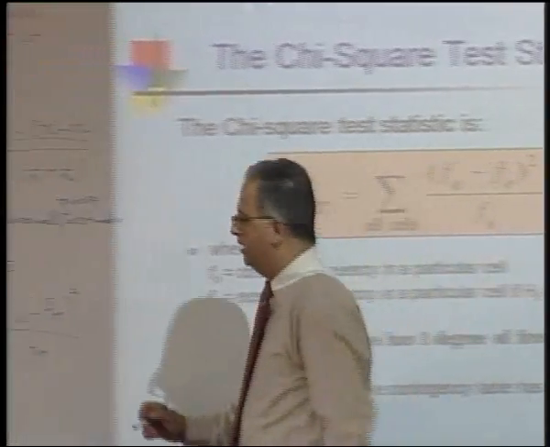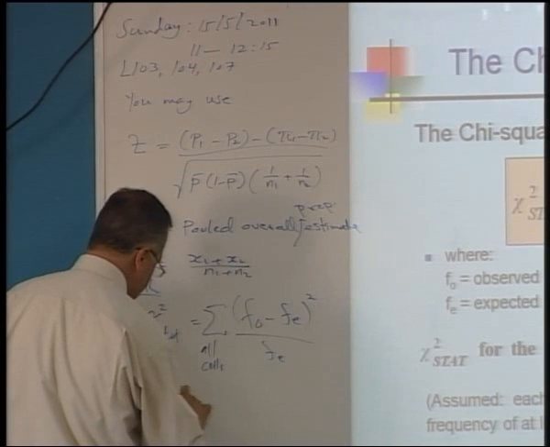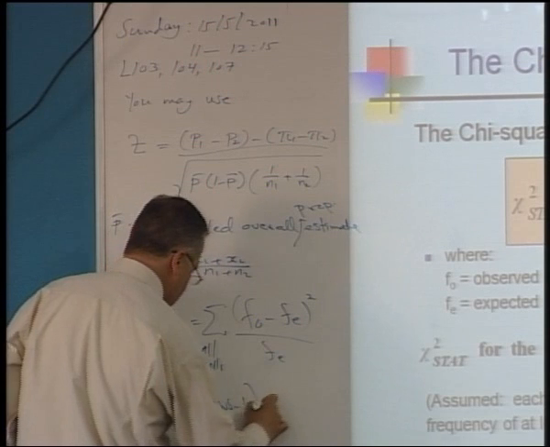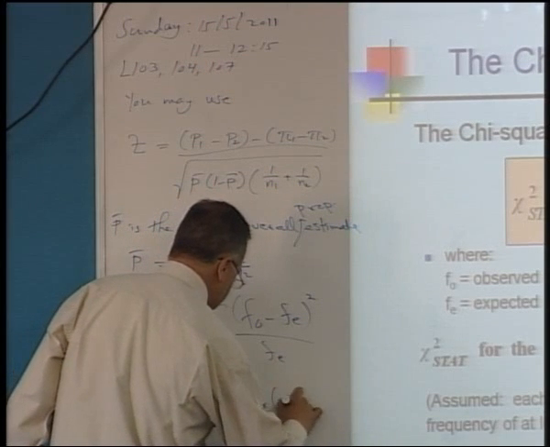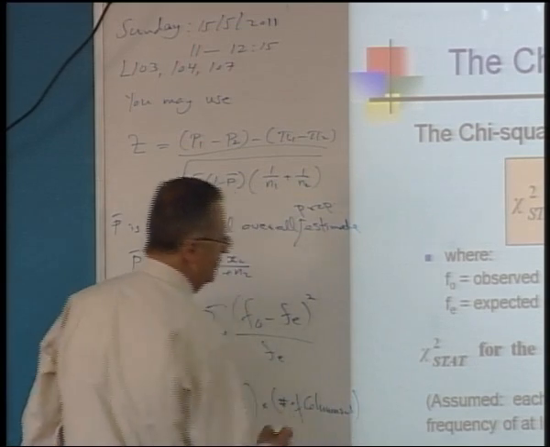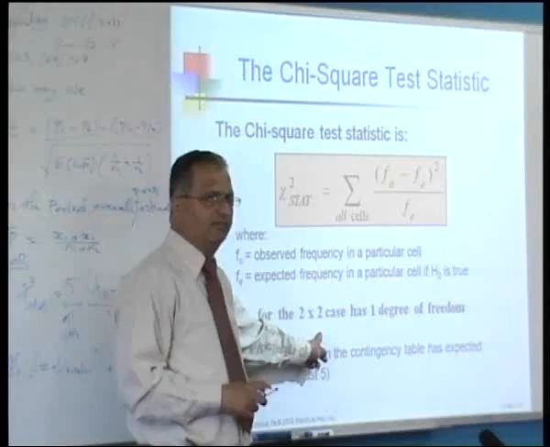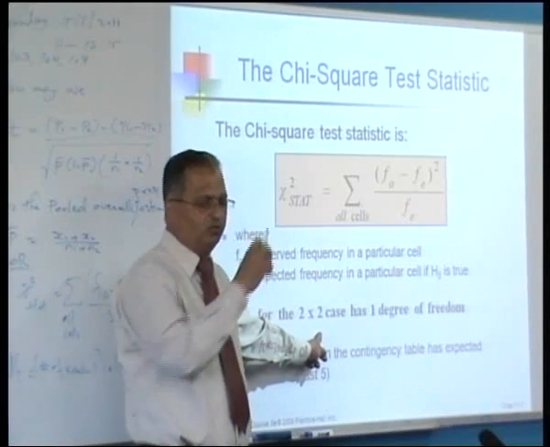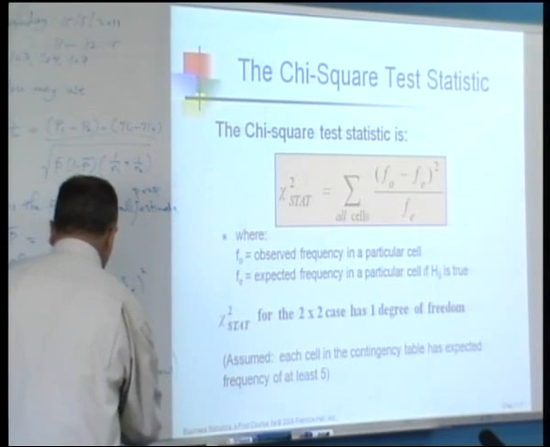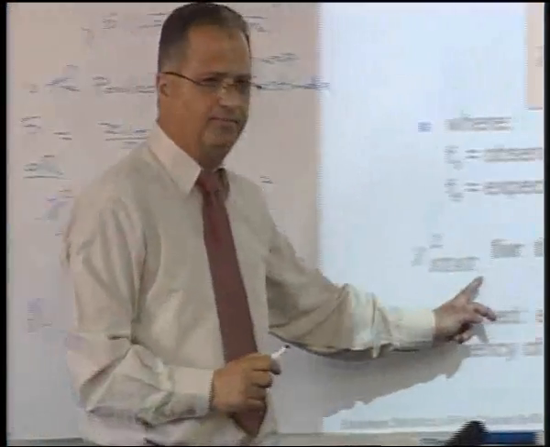Always, degrees of freedom equals number of rows minus 1 multiplied by number of columns minus 1. So for 2 by 2 tables, there are 2 rows and 2 columns, so 2 minus 1 times 2 minus 1, so your degrees of freedom in this case is 1.